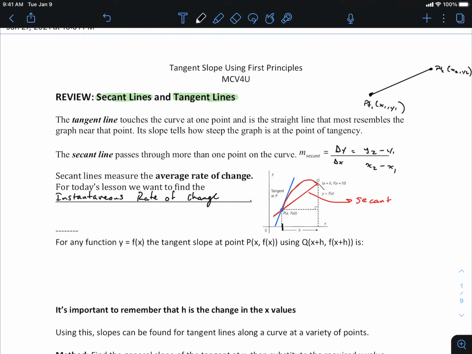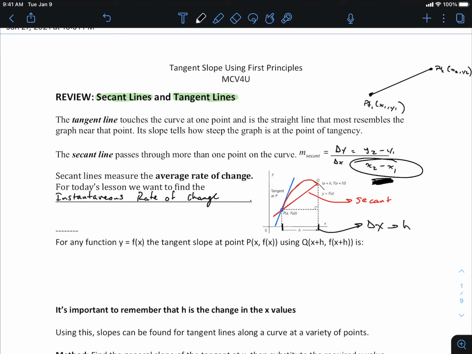We're looking at h, we're calling the difference between these x values. Okay, so h represents delta x, or the change in x. Okay, and so when I say the denominator gets really, really small, we're approaching 0.